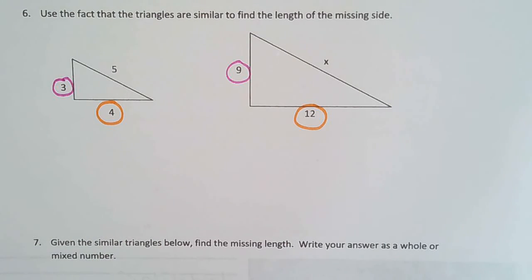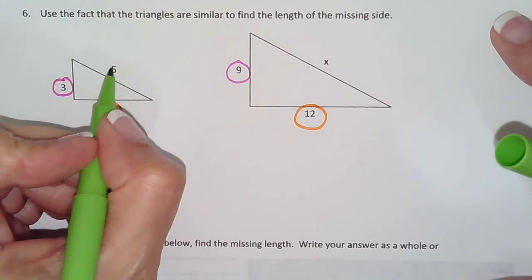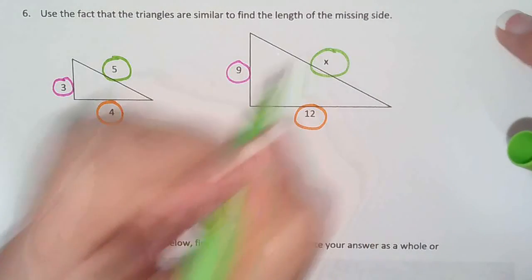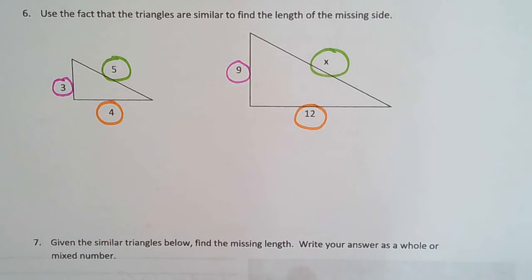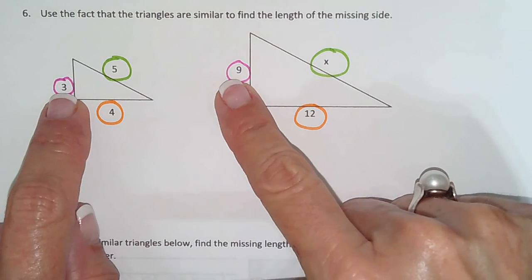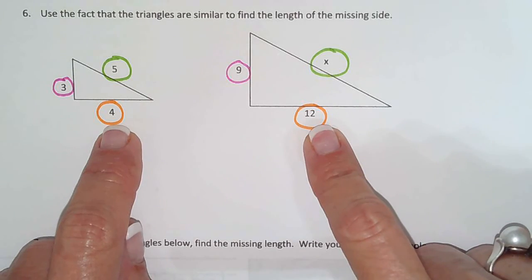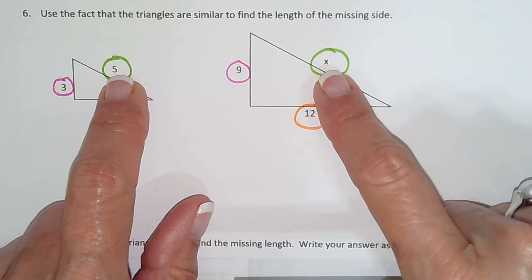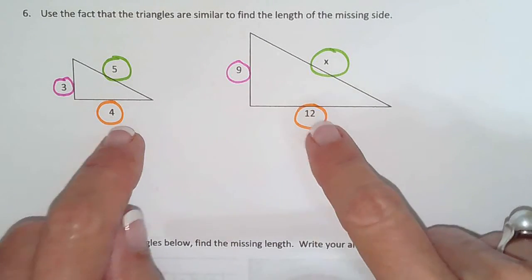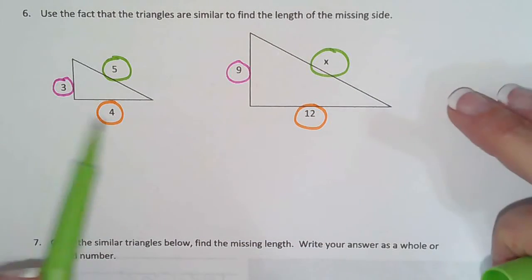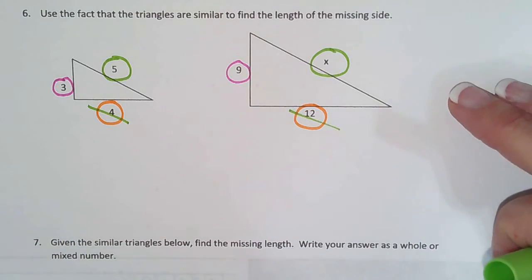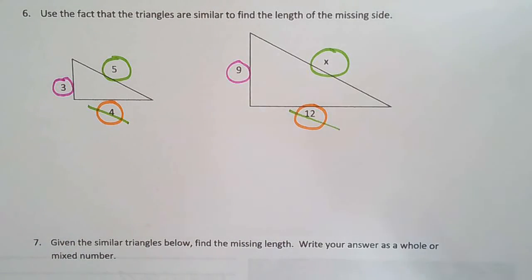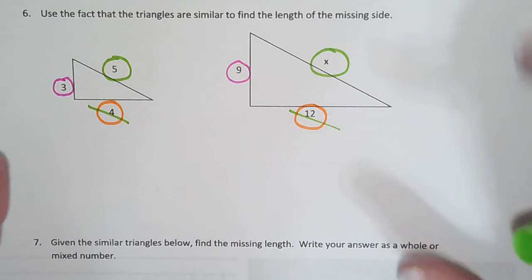Those are called corresponding sides, and that's important. 5 goes with X. So we only need four sides total. So what I usually do is I look at them and throw out the one with the biggest numbers. We have to keep this one that has our X. 3 and 9 is a little bit smaller, so I'm not going to use these two. I mean, you get the same answer. I'm just trying to make it a little bit easier.